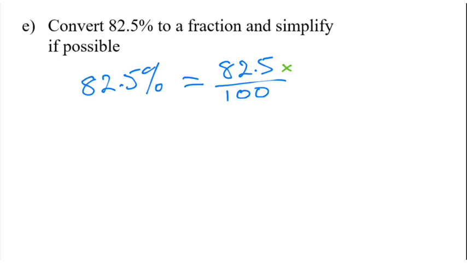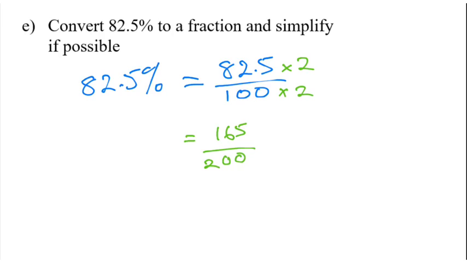And I know if I multiply that by 2, that will change it into a whole number. So I'm also going to multiply the denominator by 2, because what I do to one, I've got to do to the other. So 82.5 times 2 will give me 165, and 100 times 2 will give me 200.